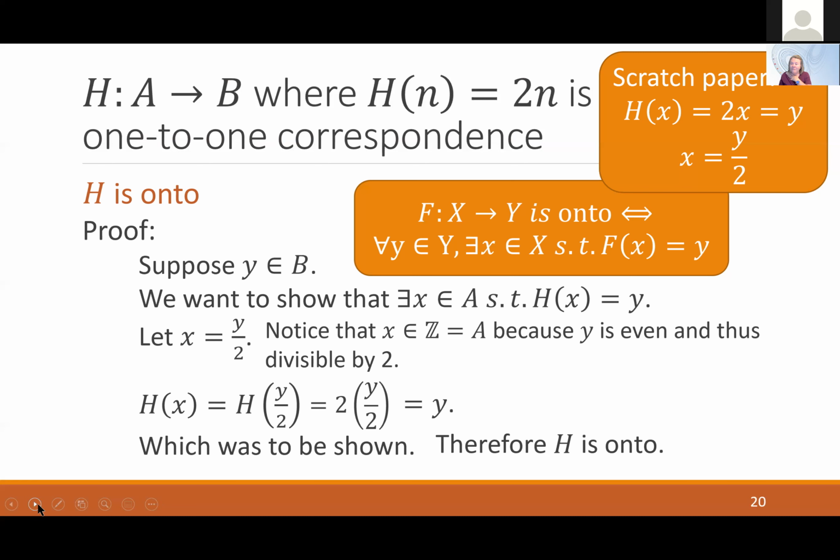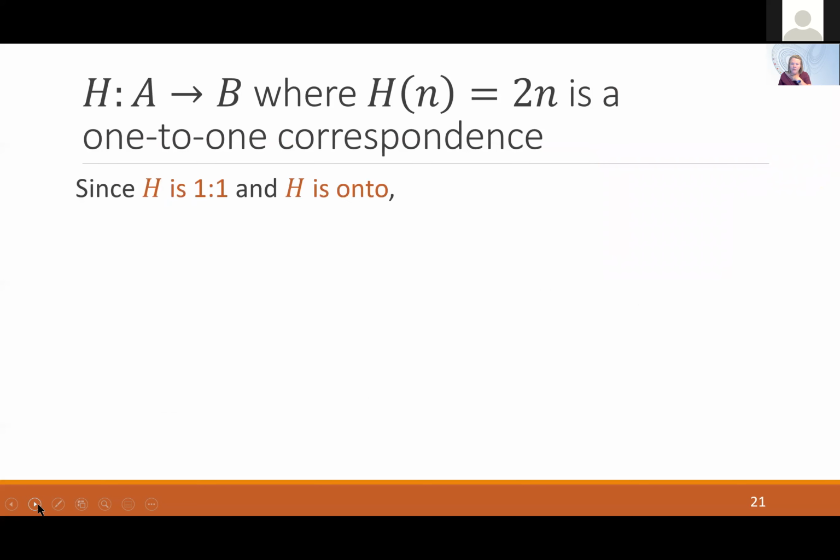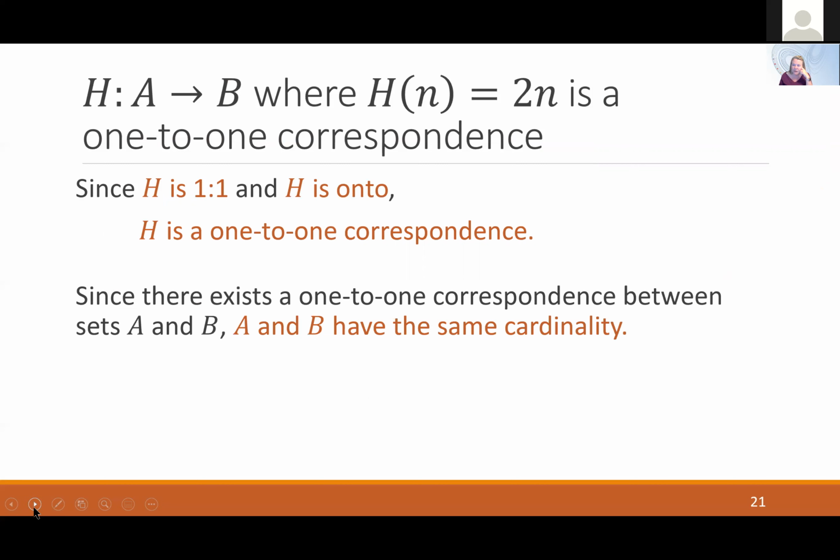So we have h being onto. So since h is 1-to-1 and onto, we know that it's a 1-to-1 correspondence. And since there is a 1-to-1 correspondence between sets A and B, they have the same cardinality.